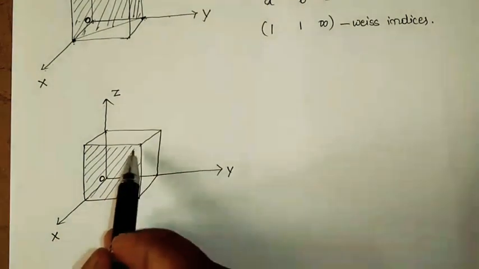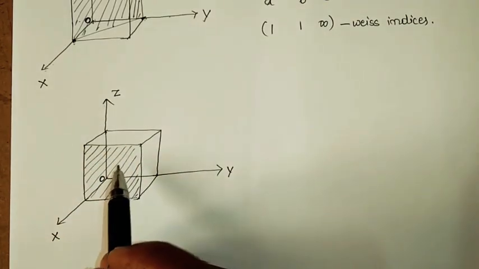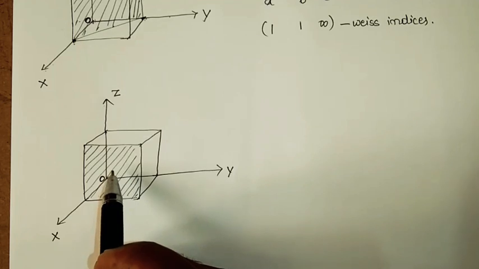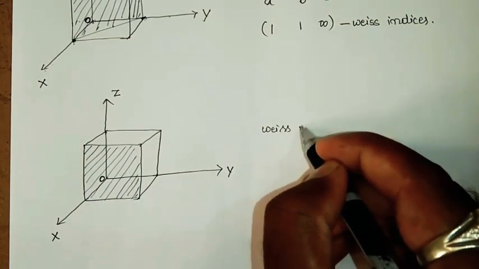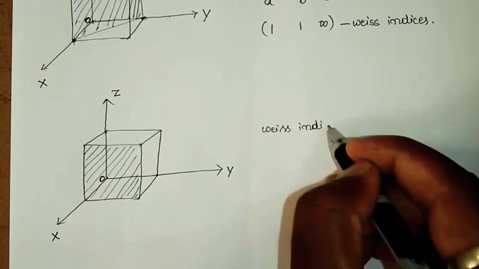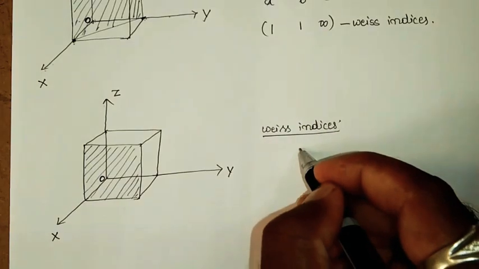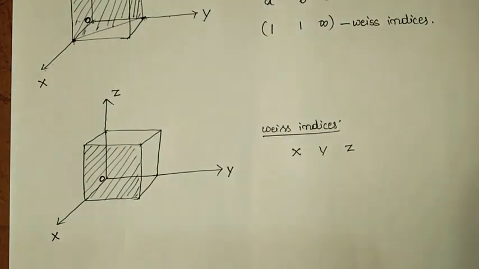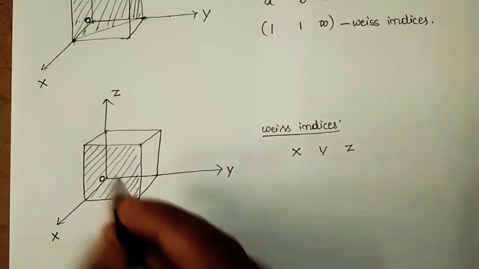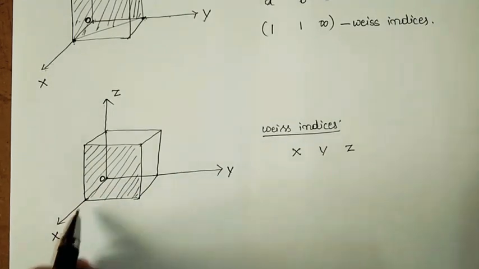For this plane we have to write the Weiss indices. So we need to take the intercepts made by this plane along each coordinate, that is x, y and z.